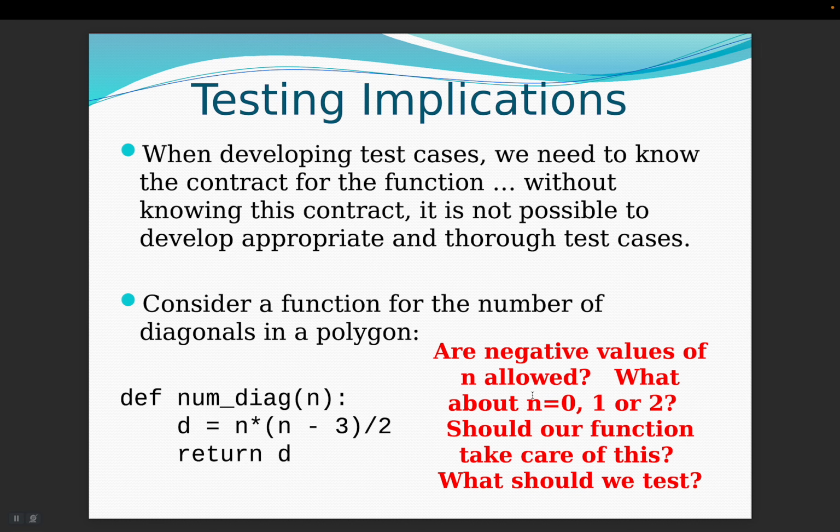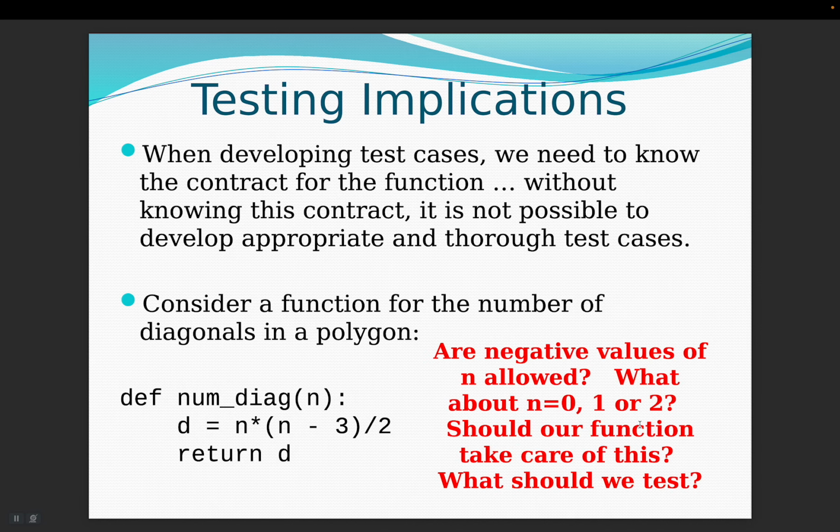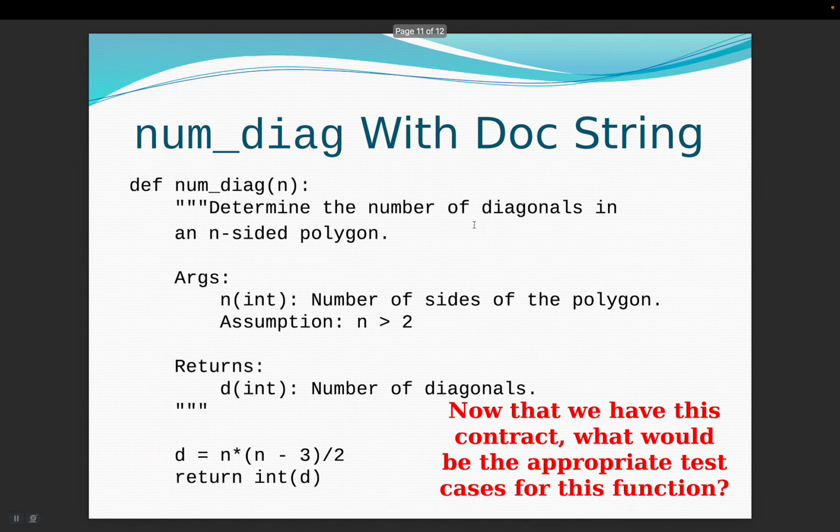Does it represent a number of sides? So should our function take care of this? What should we test? So that's a question. Should we validate the input inside the function, or should we expect the user to put in the correct number? Should they be responsible for it? And what should we test?